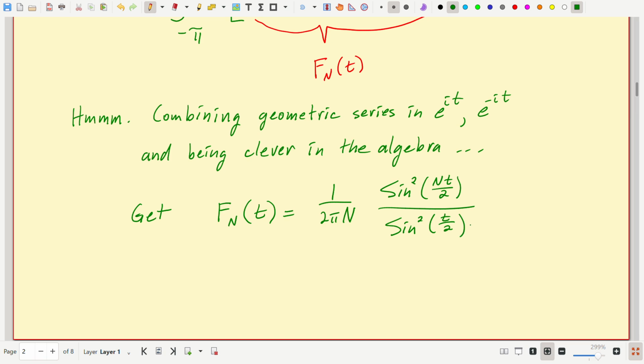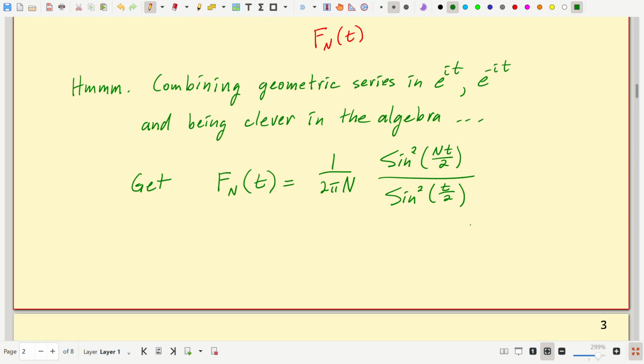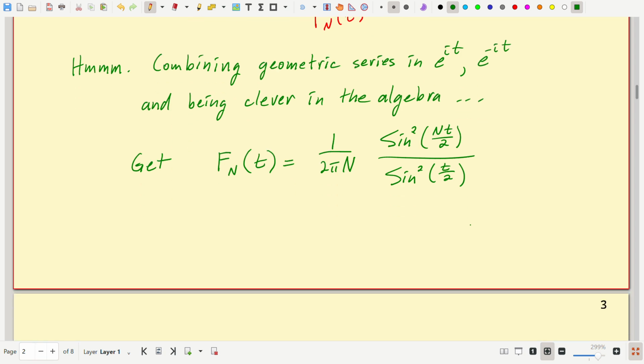And if you graph that thing, you get the graph I drew in the beginning. Those are positive. The sine t over 2 is never 0 except at the origin. And at the origin, you can use L'Hopital's rule and see that that converges to something big. So I'm going to assume this for the moment. My Fejér kernel has this beautiful formula.